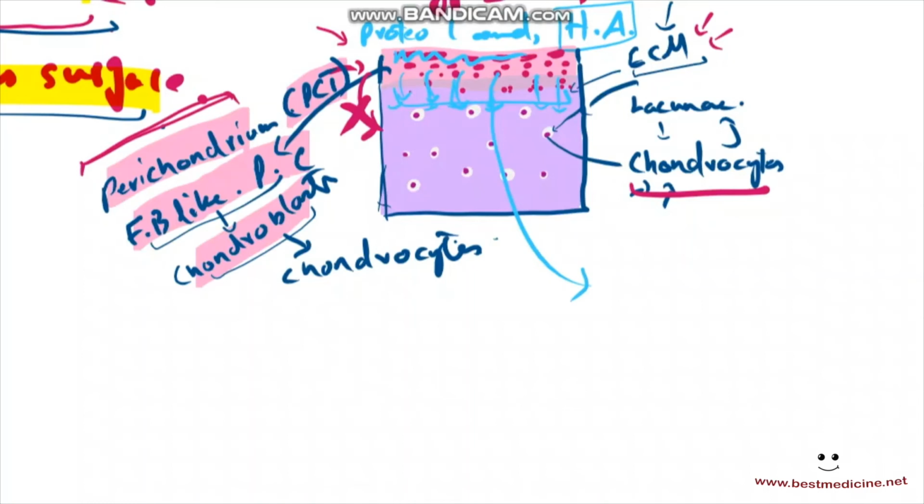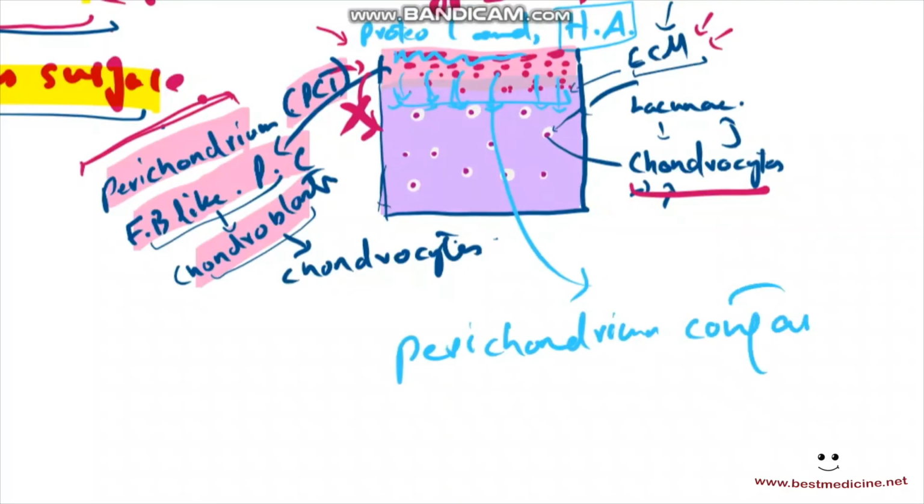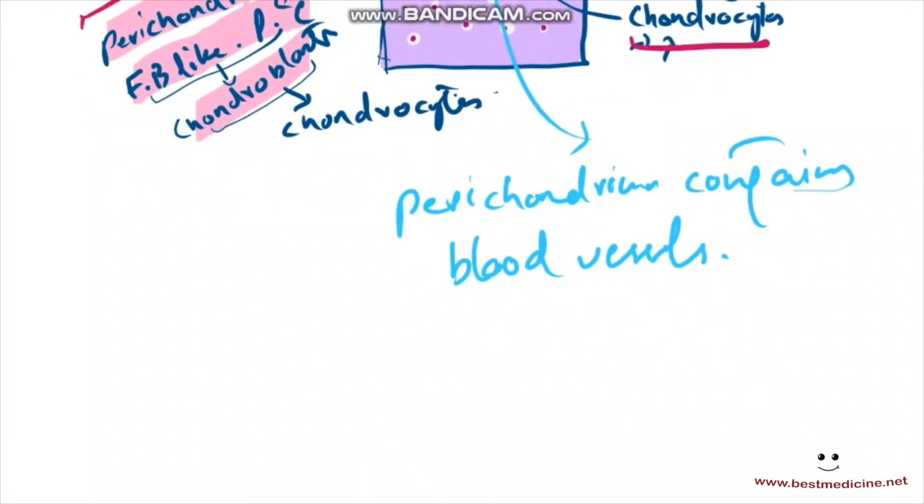And so what we can say is that perichondrium contains blood vessels, right? And nutrients, I'm going to write this down because this is important.